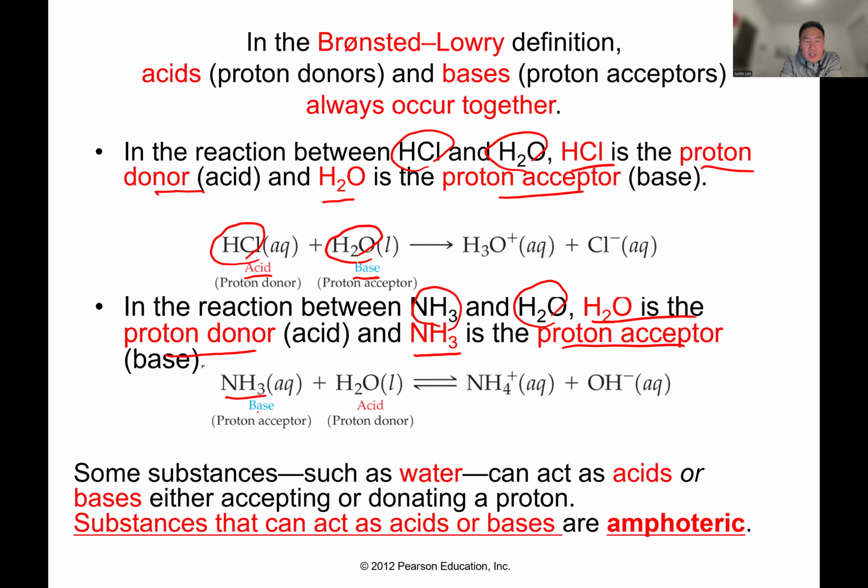So NH3 is the base, H2O is the acid. Some substances such as water can act as acid or base, either accepting or donating a proton. Substances that can act as acids or bases are amphoteric.